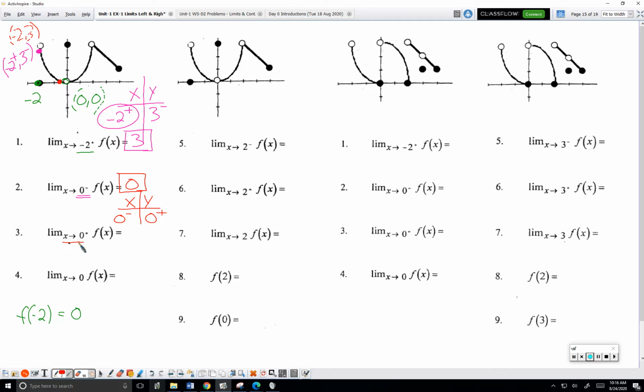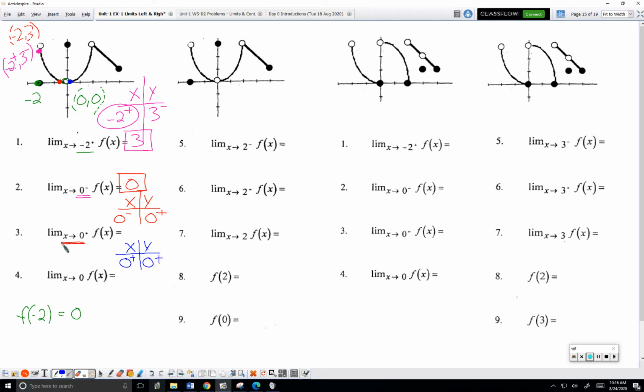For this limit, x is a little bit more than 0. So now I'm looking at this blue dot right here. I'm making a table. That blue dot has an x-coordinate that's a little bit more than 0. The y-coordinate is also a little more than 0.